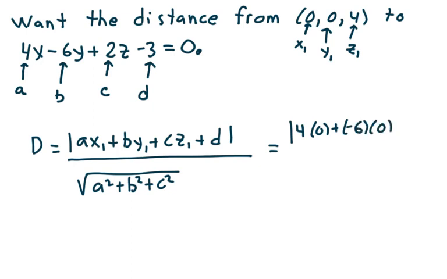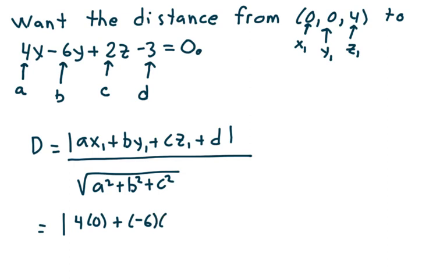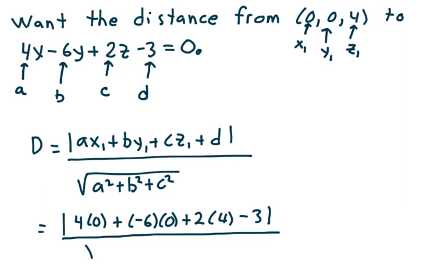Here, let's make a little room here. We'll do it below. So we get 4 times 0 plus negative 6 times 0 plus 2 times 4 minus 3, right? Divided by the square root of 4 squared plus negative 6 squared plus 2 squared.